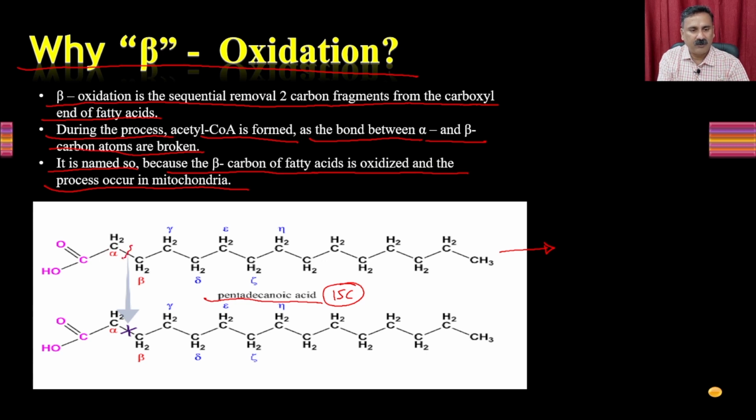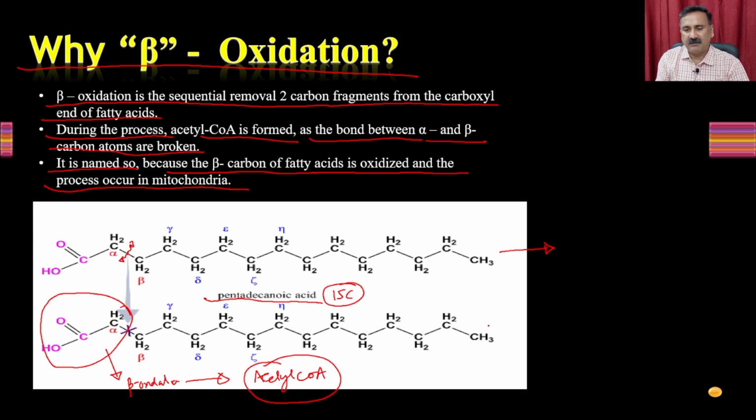So this bond is going to be broken down, and that's how this particular moiety is going to be released, and that will undergo beta oxidation to produce acetyl CoA. Okay, so every 2 carbons from this fatty acid are going to be released, and that's how it is going to produce the acetyl CoA.